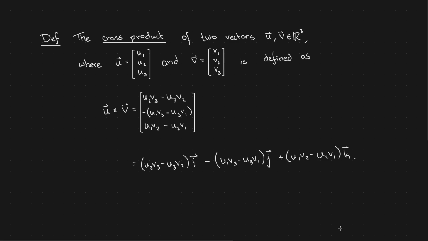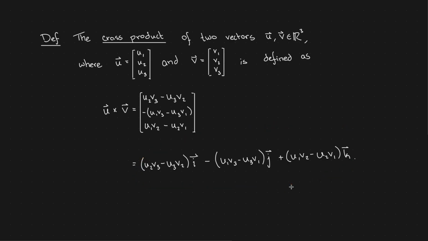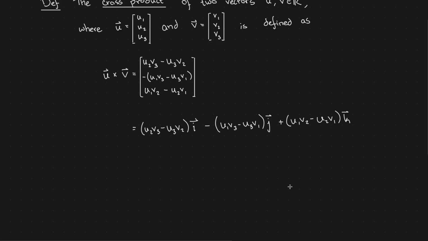Now, if you were paying attention to what we were doing before, this should look familiar. It looks a whole lot like the formula for a 3x3 determinant, right? And in fact, it has that structure to it. And so this is how we're going to generally remember how to calculate the cross product. The i, j, k act as the first row of the matrix we're taking the determinant of.